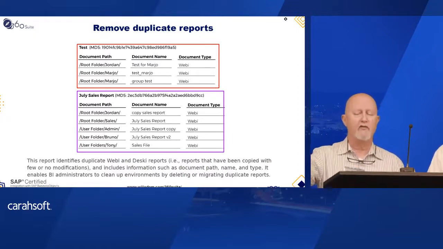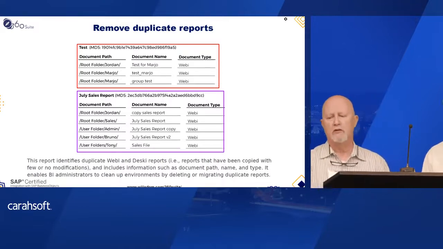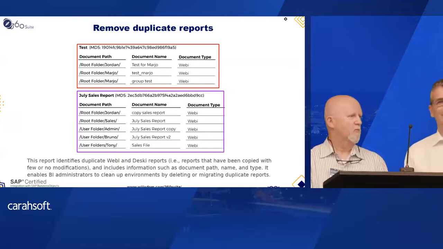If you look at this example here, they're all over the place in name and folder, but we know that we actually have just 2 reports on that list. And realistically, it's not unusual to see reports duplicated 20, 30 times within an environment. So it happens pretty often where somebody says, hey, I'm going to take that report, I'm going to copy it, do my own version. And the reality is this happens all the time.